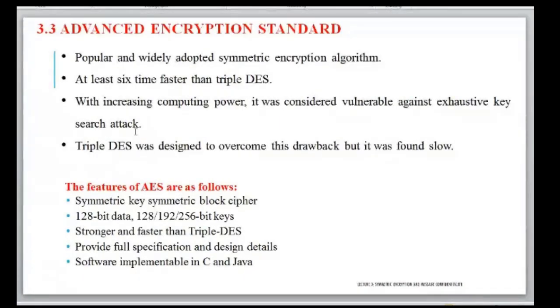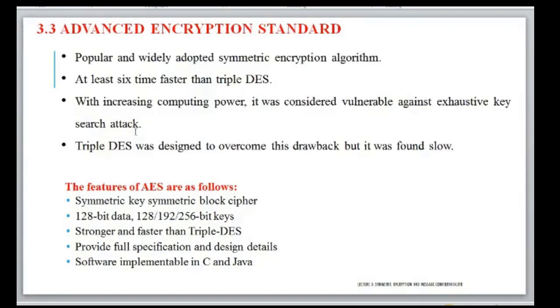Triple DES was designed to overcome this drawback, but it is slow. We already discussed this point. DES is faster, but triple DES is slow, because it does the same process 3 times. These points we already discussed in the last class.